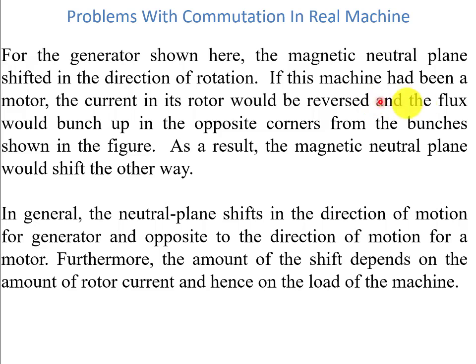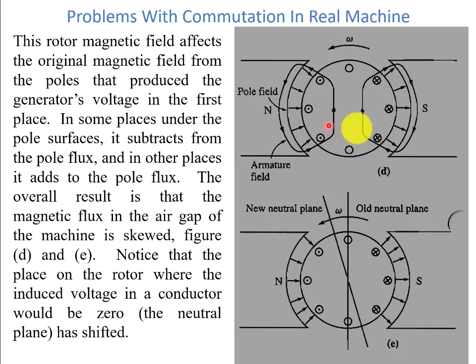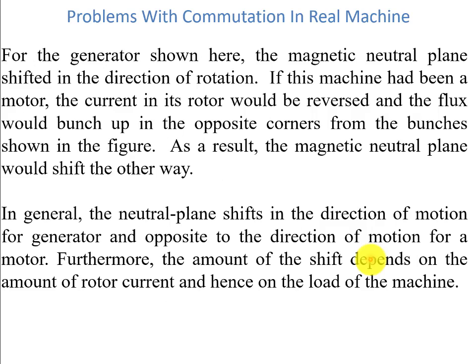If this machine had been a motor, the current in this rotor would be reversed. Obviously, if this is a motor, the current will be in the opposite direction because we are supplying it. So the flux would bunch up in opposite corners.